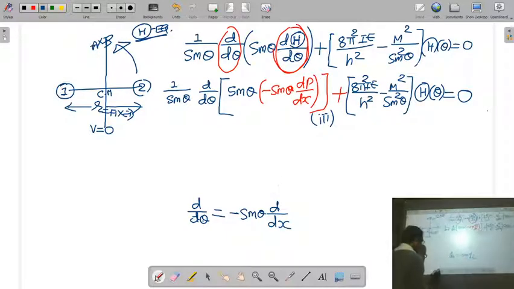So the equation becomes 1 upon sin theta. I put the value of d by d theta in this equation. What is the value of d by d theta? That we have already obtained.